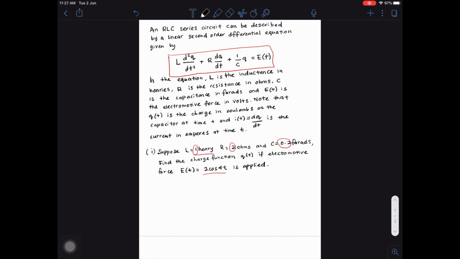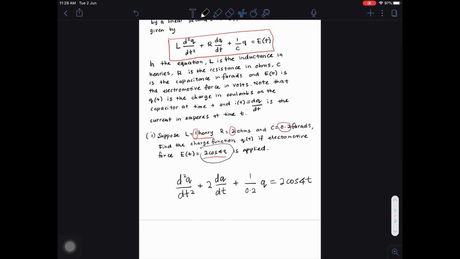We have L times d square q dt square, and our L is equal to 1, so you will have d square q dt square, plus R, which is 2, so 2 dq over dt, plus 1 over C, so 1 over 0.2 q, equal to E(t), which is 2 cos 4t.